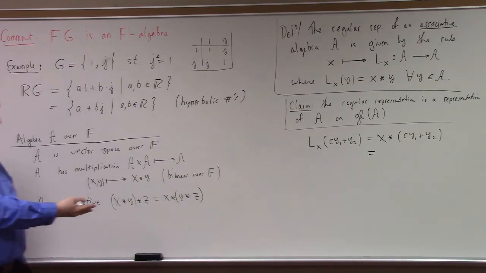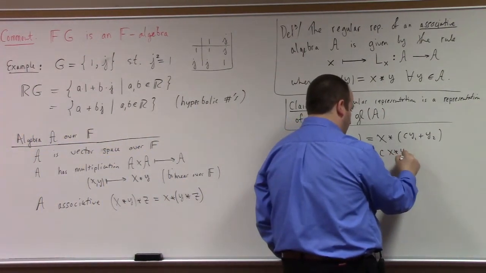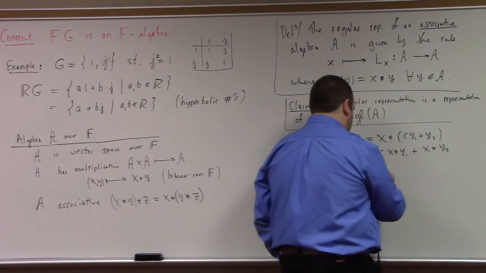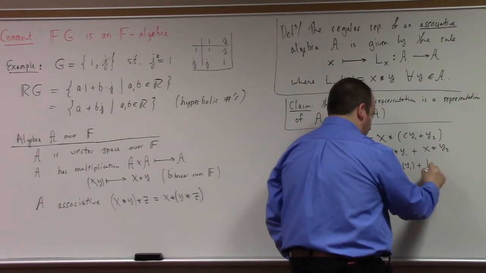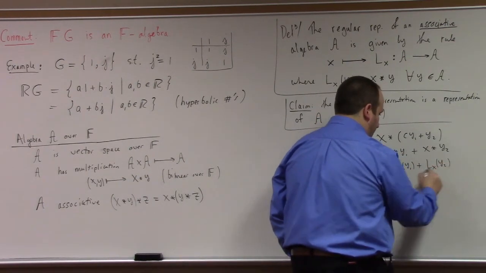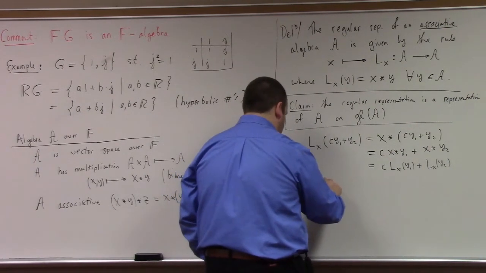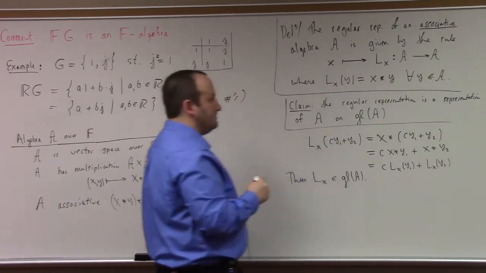So that means that we can pull the c out and we can break up the addition. Lo and behold, we've got c L sub x of y1 plus L sub x of y2, which shows you what? Thus, L sub x is an element of GLA. It's a linear map on A.